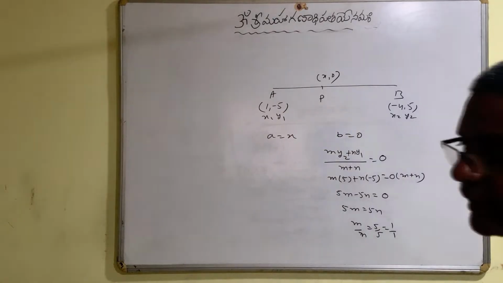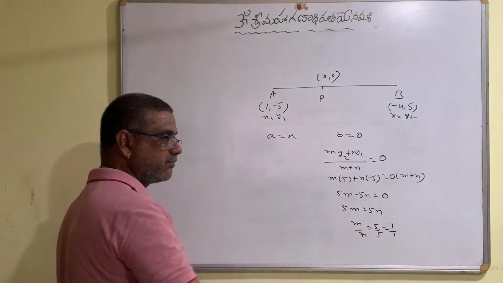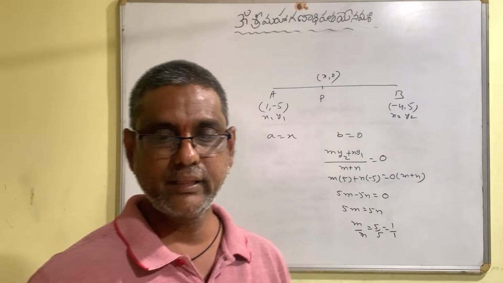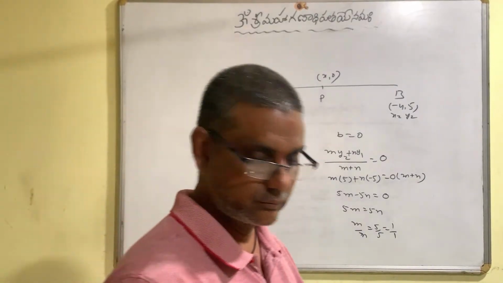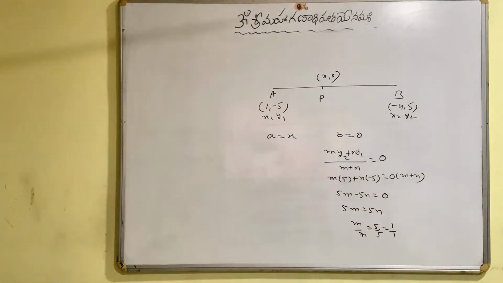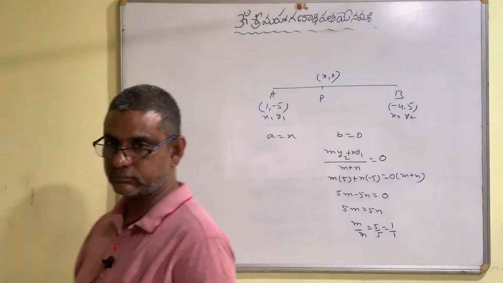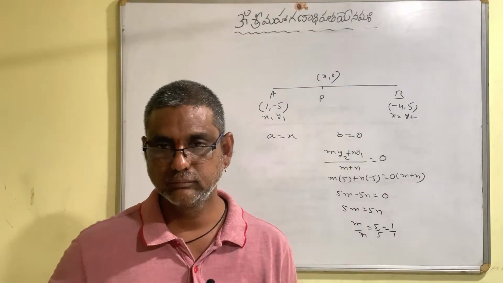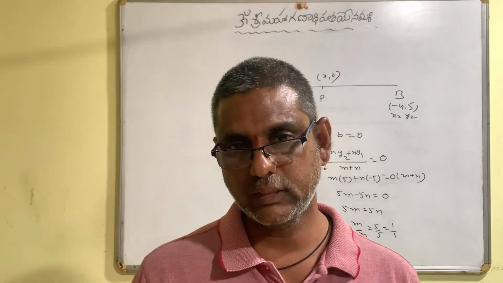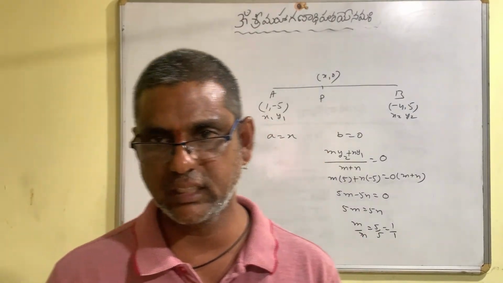Now find out the x value also, children, fast. The x value is negative 3 by 2. Is that right, children?